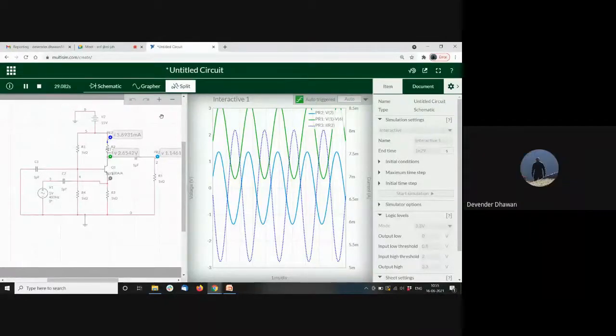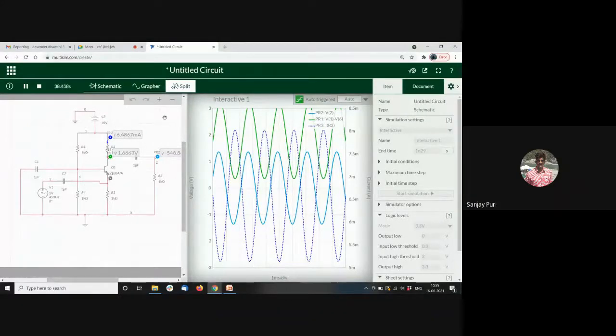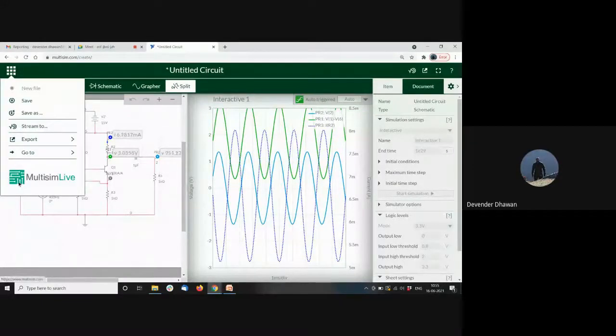Sir, I have a question. Suppose you have drawn a schematic and we are looking at the grapher's image, at the same time, can I change to one of my previous circuits? Is multiple tab available? Let me just show you.